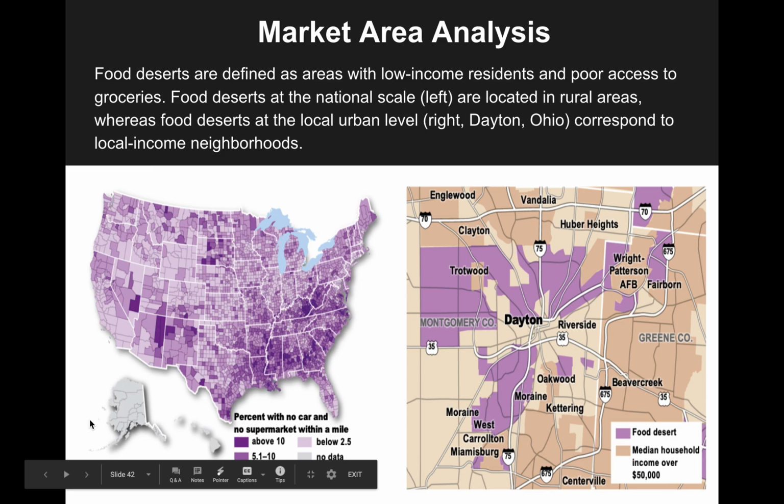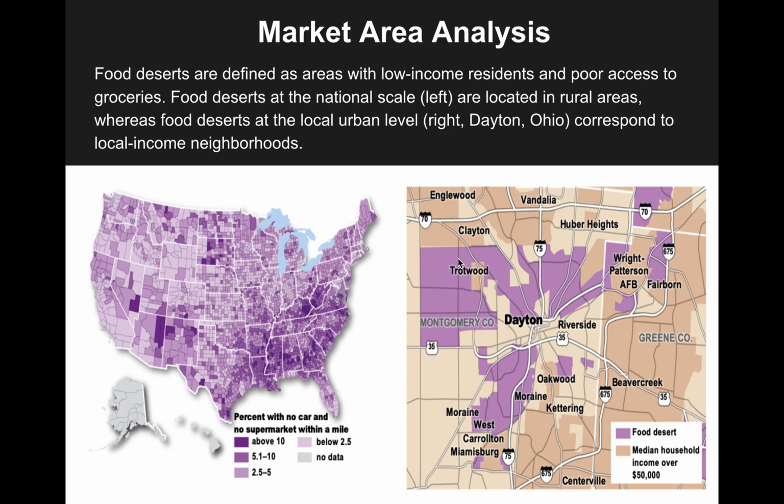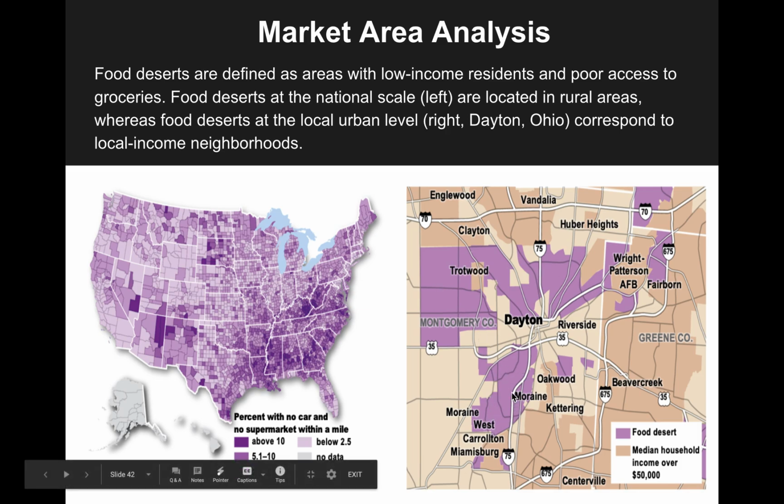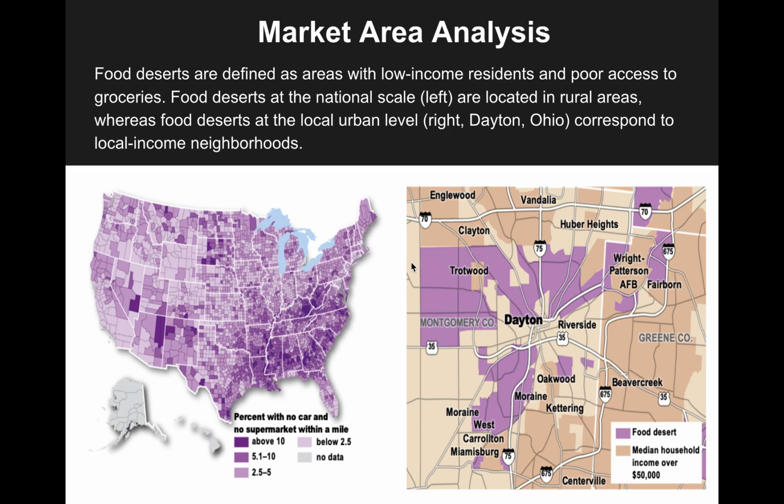All right, let's take a look. As I pointed out, here we can see the food deserts. Again, these are areas where they don't have the wealth, GDP per capita, or purchasing power parity to buy a consumer service. And here's a look at the distribution of food deserts, percentage with no car and no supermarket within a mile.